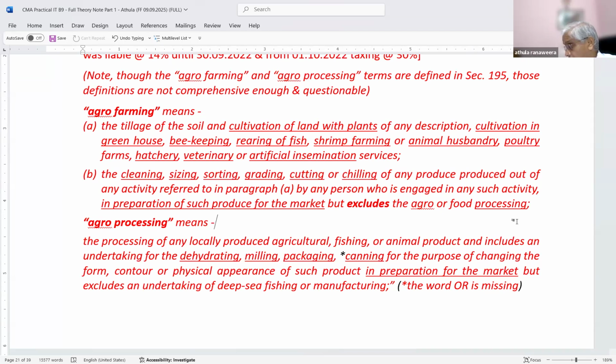Then IRD appealed to the courts. As usual, they did the usual dirty thing. Normally they are harassing the taxpayers. As usual, to harass the taxpayers, they appeal to the tax appeal courts. And they asked for as much time as possible for the judgment.